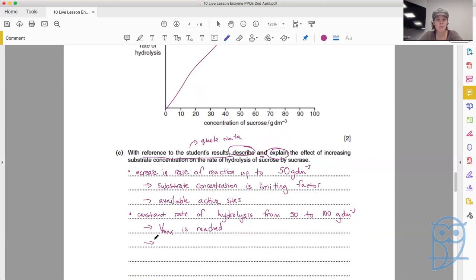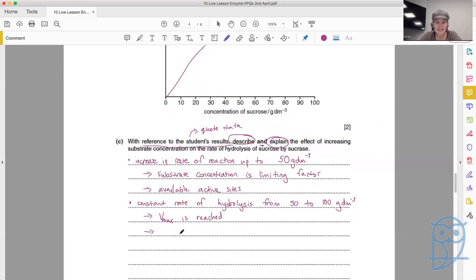Okay, what happens when we reach Vmax? Okay, a little bit more explanation. Our enzyme concentration is now the limiting factor. Instead of having available active sites, we would have all active sites occupied.